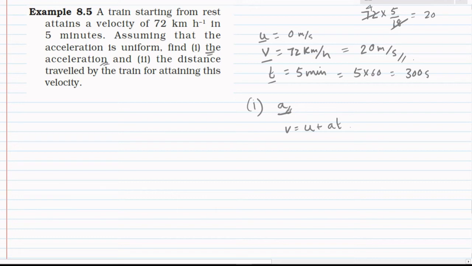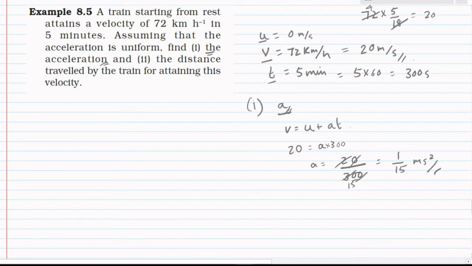V is 20 meters per second. U is 0, so let it go. A we are supposed to find, and t is 300 seconds. So a is nothing but 20 by 300 meters per second square. I can write it as 1 by 15 meters per second square.